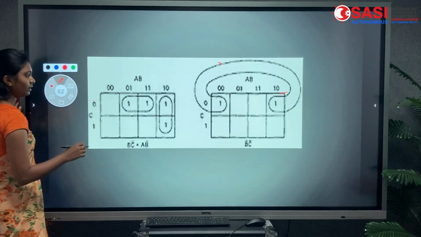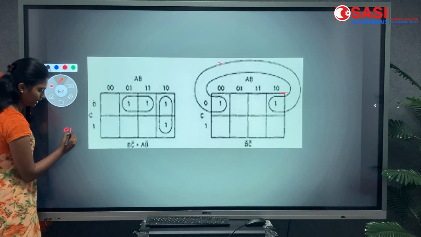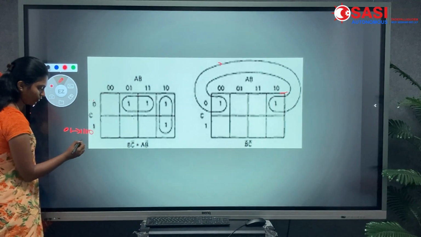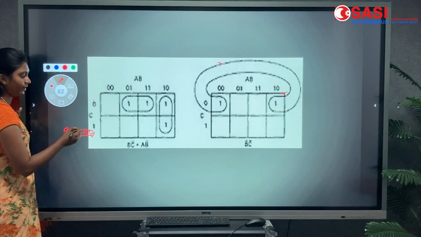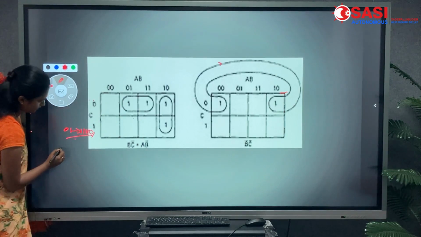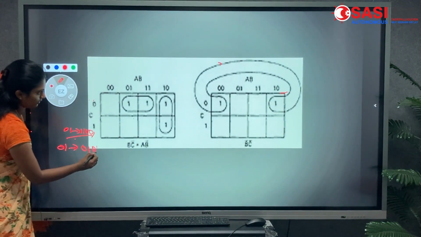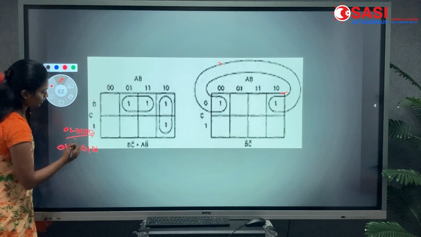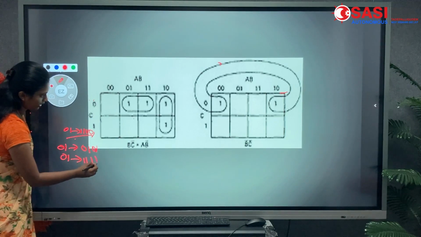Next, we are defining into multiple. Now we have divided 0 1 is equal to 1 1 1 1 0, like that, but we are dividing into multiple. How is it dividing? 0 1 indicates 0 1 0 1. Next, 0 1 indicates 1 1 1 1.